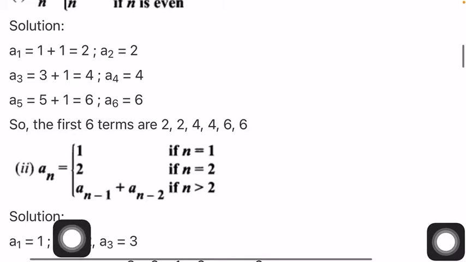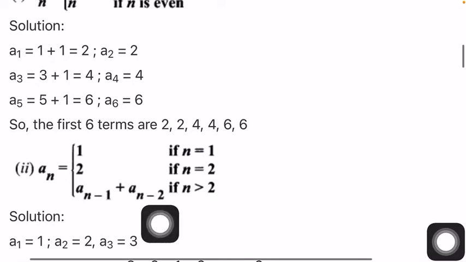So, the first term a1 is 1. If we substitute 2 instead of n, it is a2. If n is equal to 2, it is 2 according to the given condition. So, a2 is also 2. If n is greater than 2, it is a(n minus 1) plus a(n minus 2).